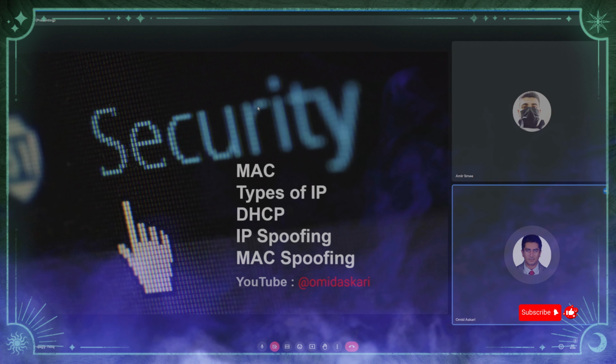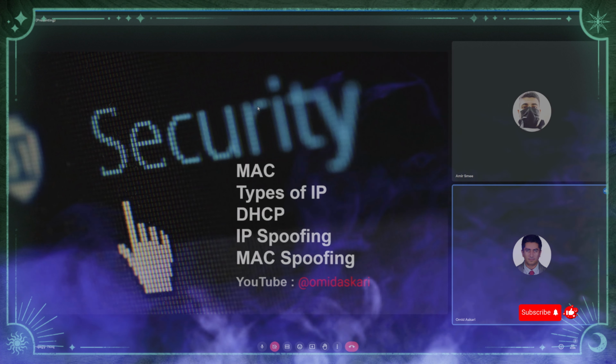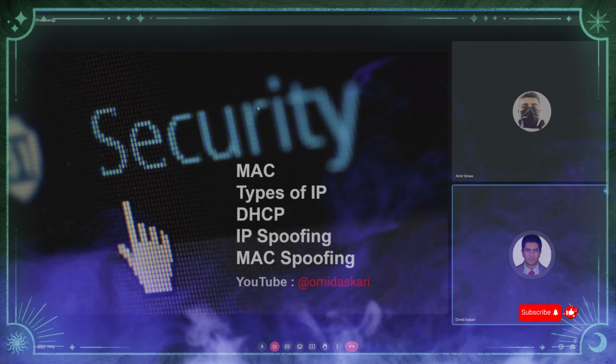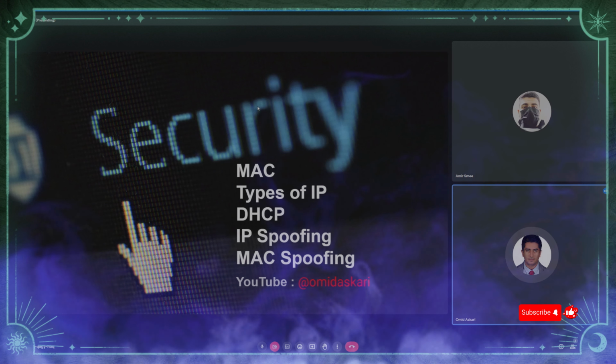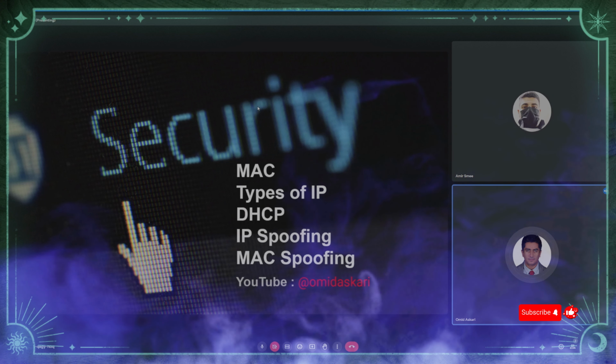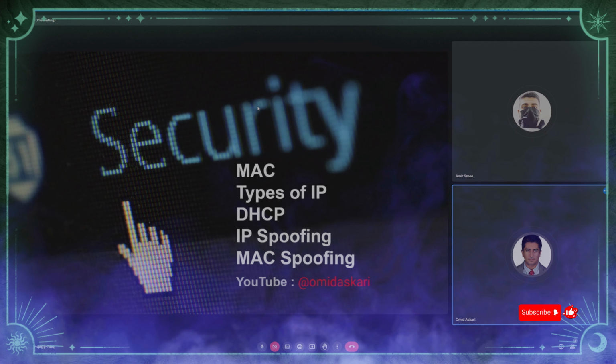There are several tools and techniques used to detect and prevent IP and MAC spoofing, such as network traffic analysis, MAC address filtering, and IP address blacklisting.